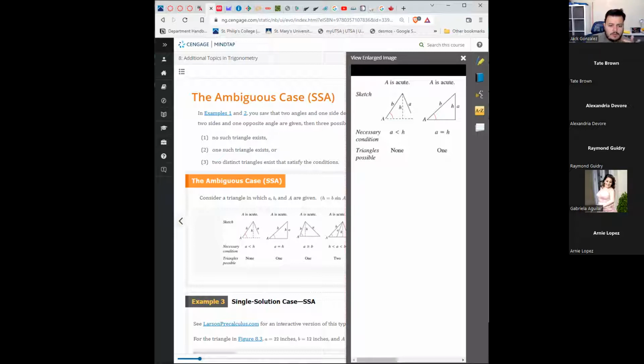You see where it says acute, no triangle or one triangle? Can you guys see this?